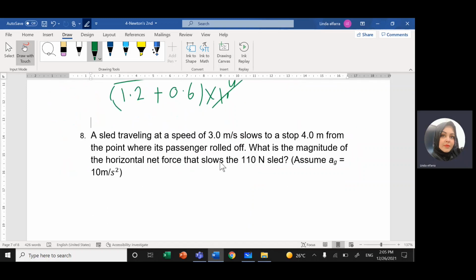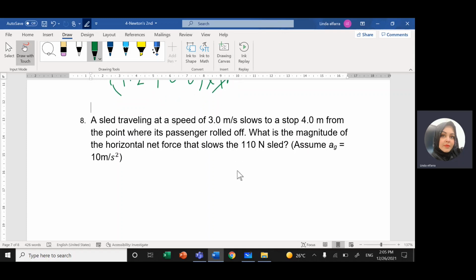Okay, question number 8. You have a sled traveling at a speed of 3 meters per second, which slows to a stop 4 meters from the point where its passenger rolled off.